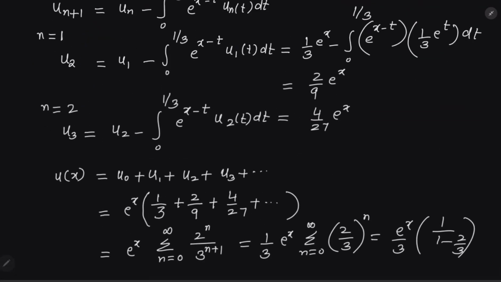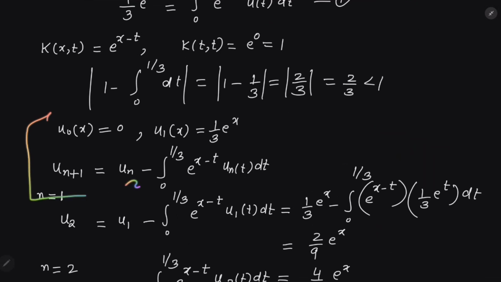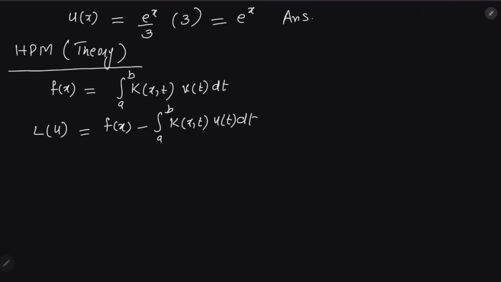And for first kind, we developed this theory, which I did not show, but I will prove it now. So suppose we have L of u over here. The homotopy is defined as H(u,p) = (1 minus p) u(x) plus p L(u(x)) is equal to 0.